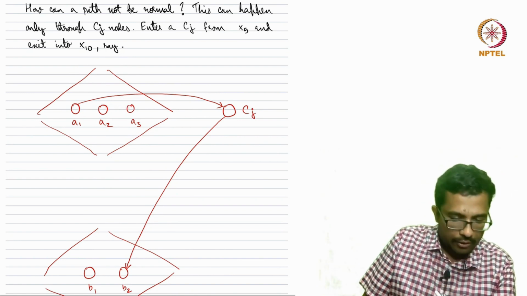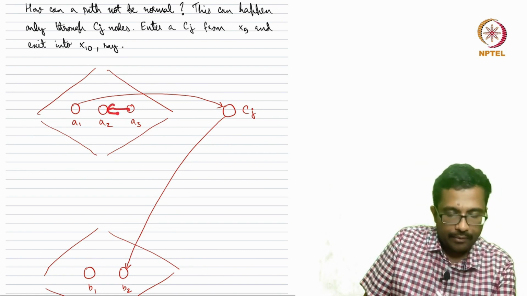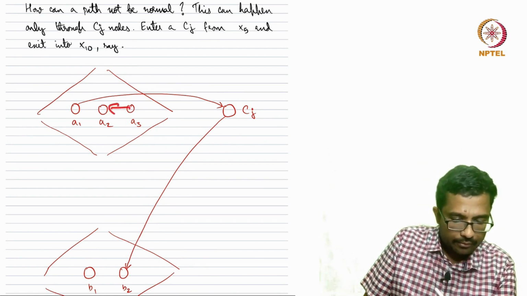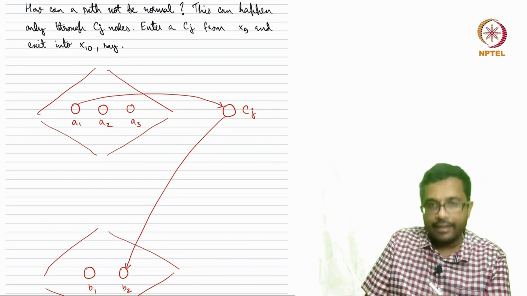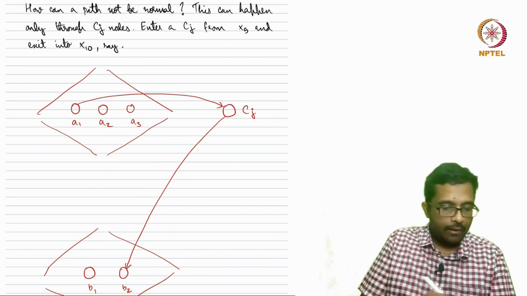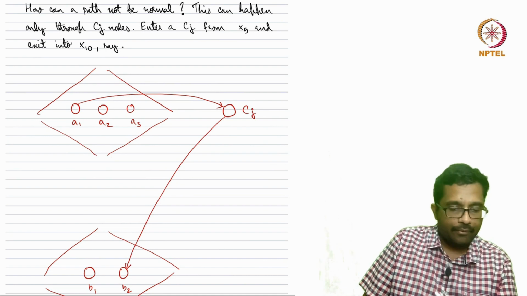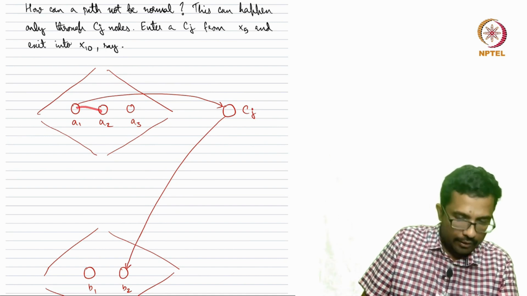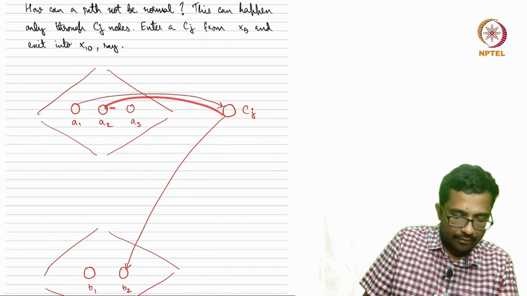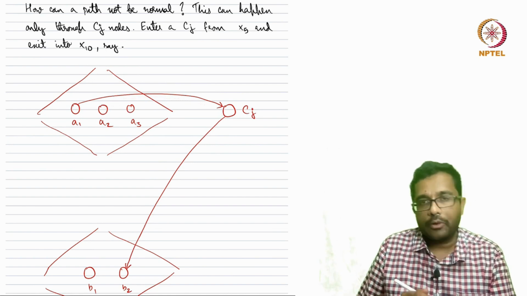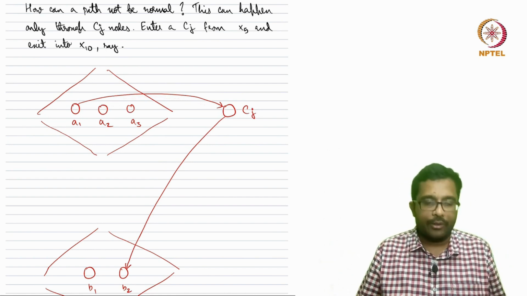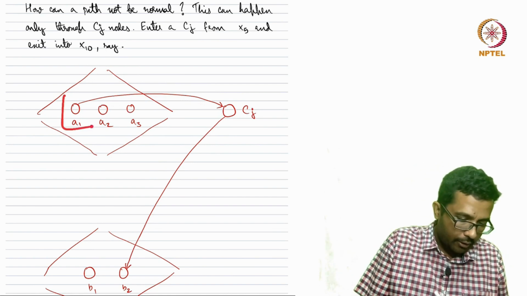Suppose we enter A2 through A3, then there is an issue because there is no next step: the neighbors of A2 are A3 from which we just came, A1 which is already covered, or Cj which is also already covered. So there is no exit out of A2. So these two cannot be one block.